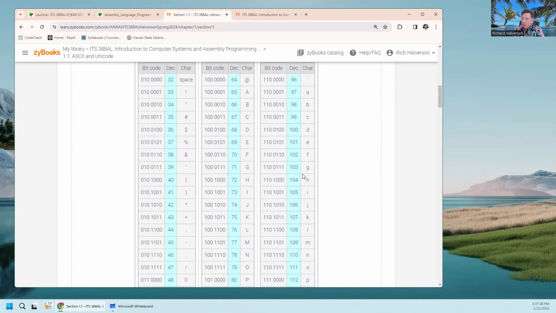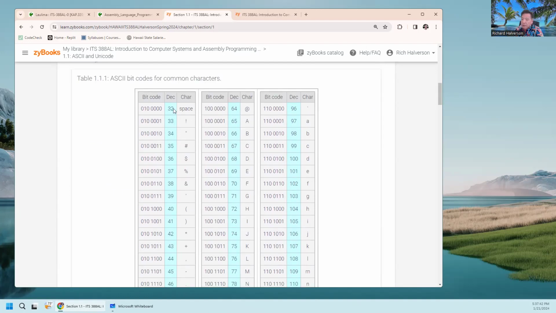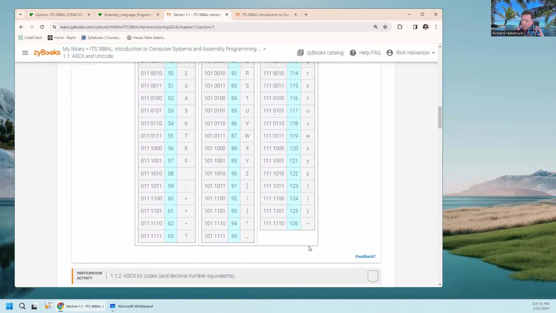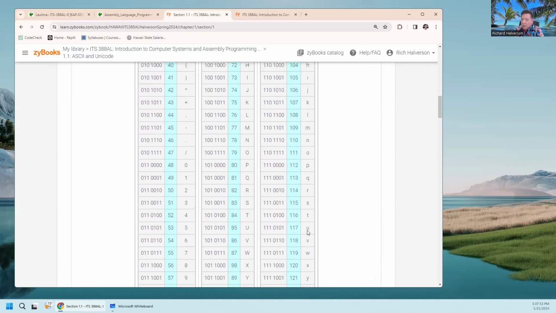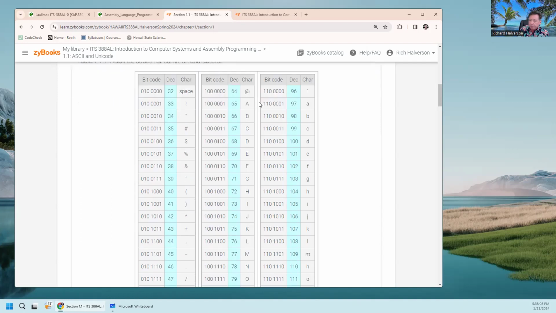Space is decimal 32, which is this in binary, and they map up to 127. This would be the highest one, and below 32 are different control characters like tab and carriage return and so on.